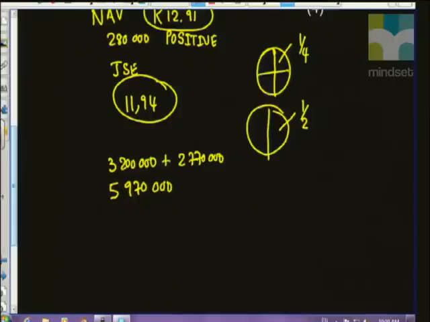Okay, now this 5,970,000 would then be divided by, remember the shares, a total of 500,000 shares. That's the number of shares. And this would then give you the 11 Rand and 94 cents as the net asset value per share if we considered that the shares were not repurchased.